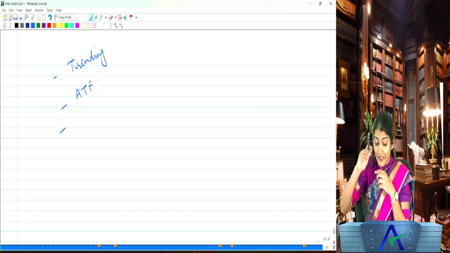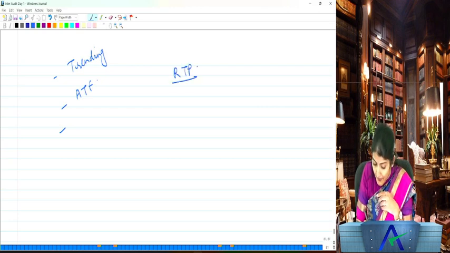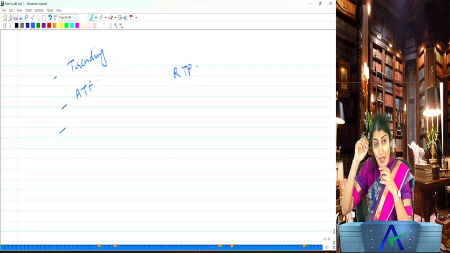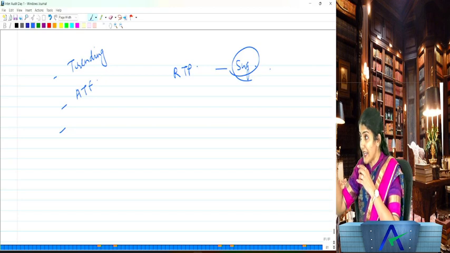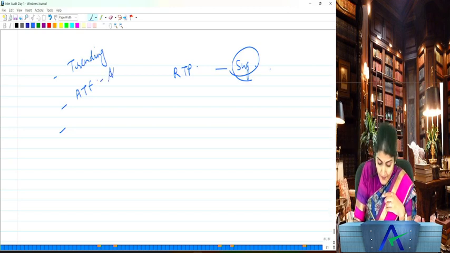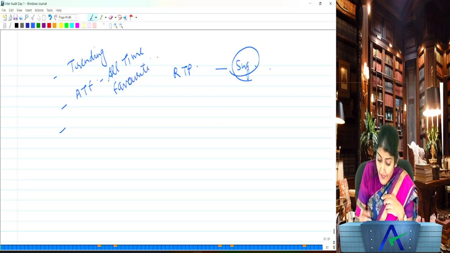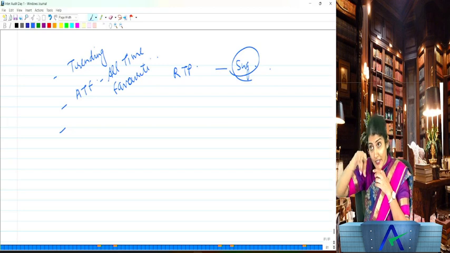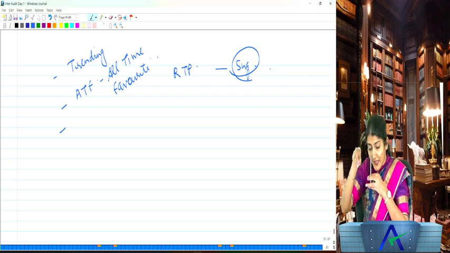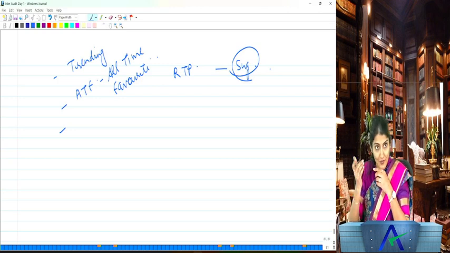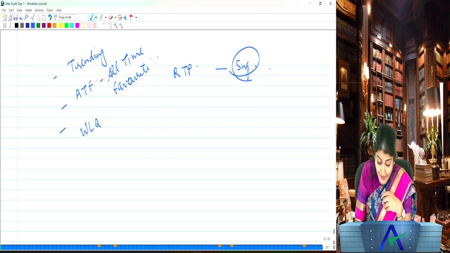Then there are some questions in the revision test paper, the RTP, but they have not yet been asked in the exam. That means the bullet has been loaded in the gun, but it is yet to be shot. Those we call WLQ, the waiting list question.